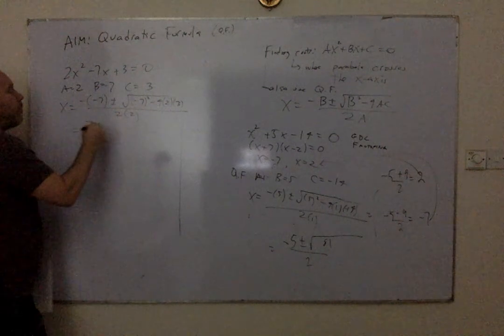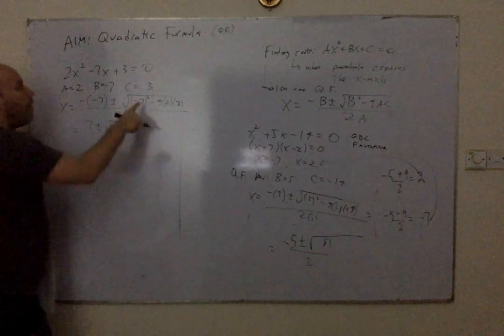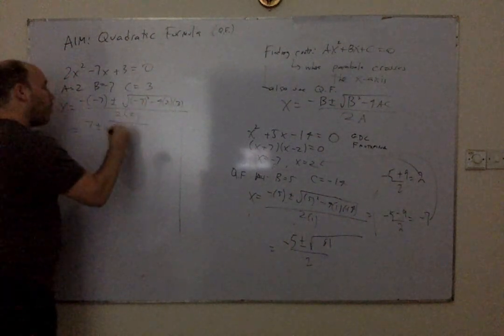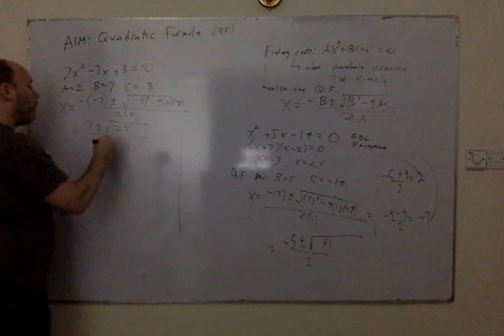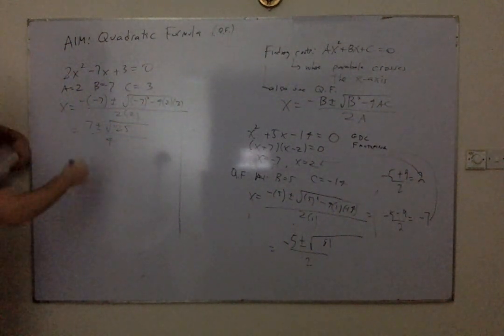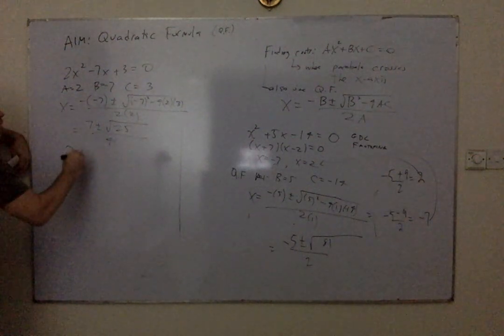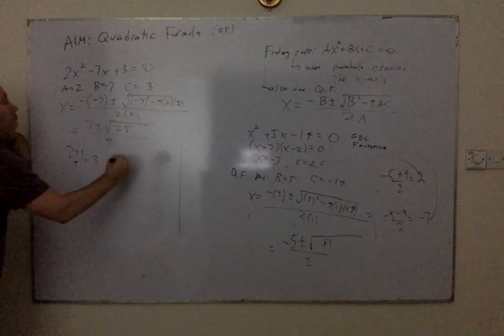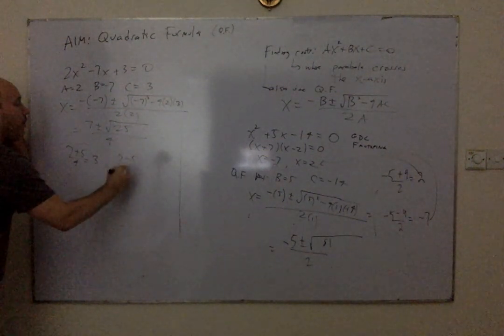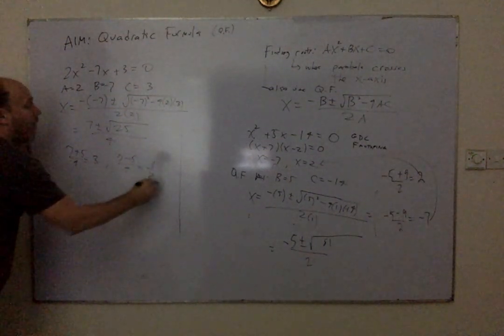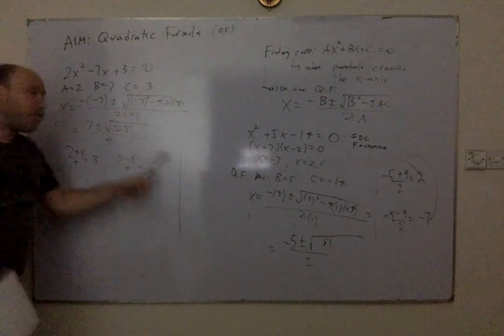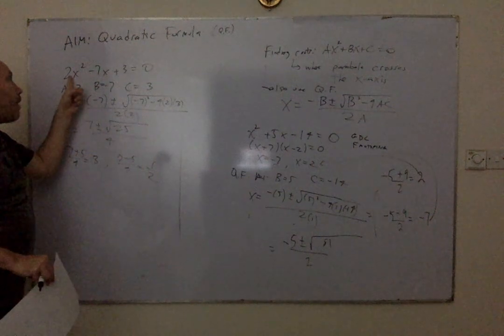So we have 7 plus or minus the square root of 49 minus 24 is 25 all over 4. And so we have the two solutions, 7 plus 5 over 4, which equals 3, or 7 minus 5 over 4, which equals 1/2. We start to get fractional answers when we have non-monic quadratics.